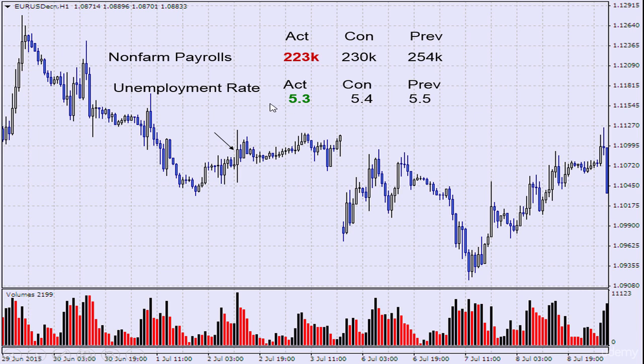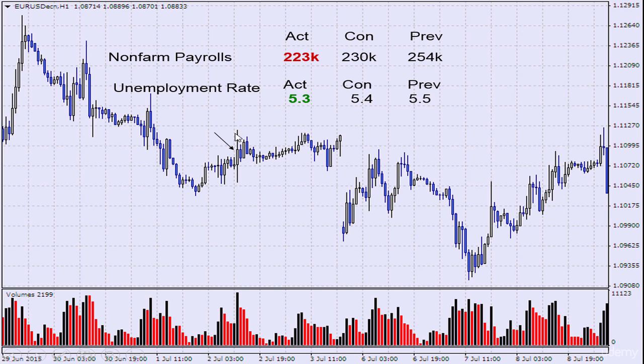So in cases like this, the market will eventually move in the direction of the stronger economic indicator. And the unemployment rate is a stronger economic indicator than the non-farm payrolls. So if the unemployment rate data is good for the US, in this case, we're looking at the Euro USD currency pair. If the unemployment data is good for the US, we should expect an increase in the value of the US currency, which should result in a fall in the Euro USD currency pair, which is exactly what we see here.